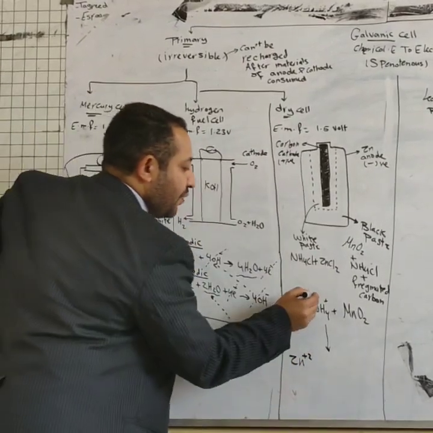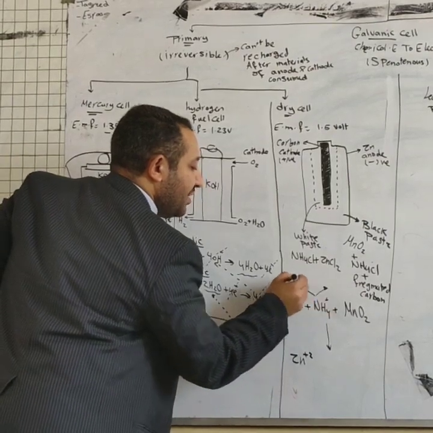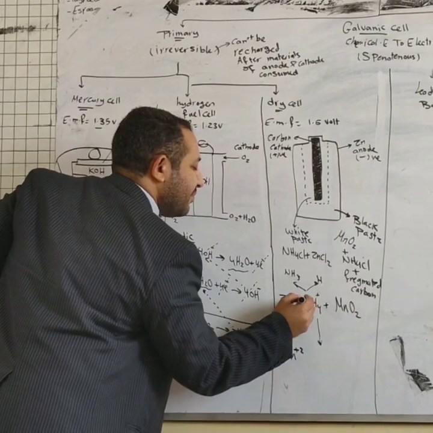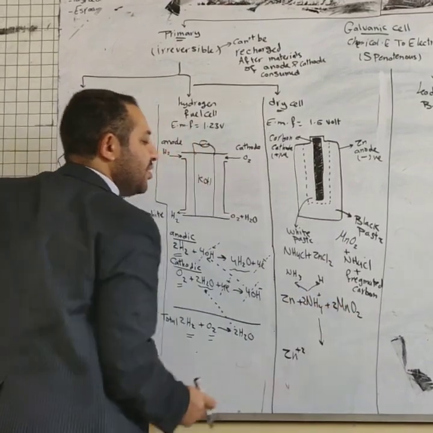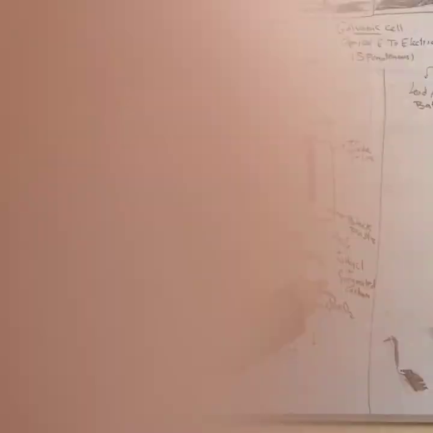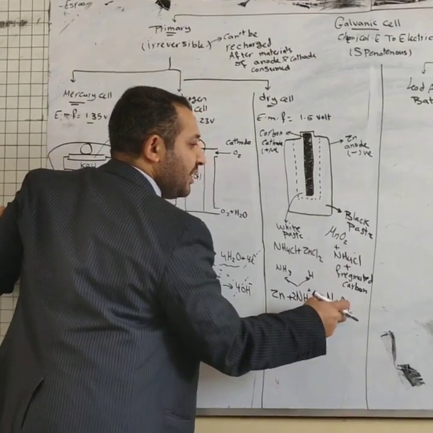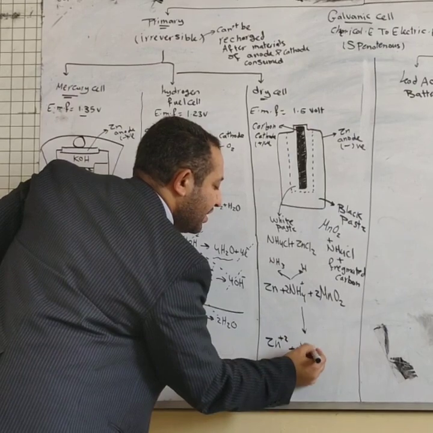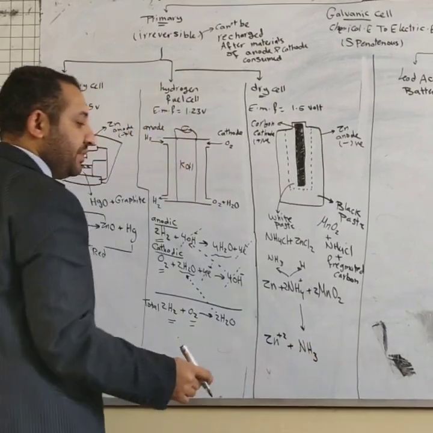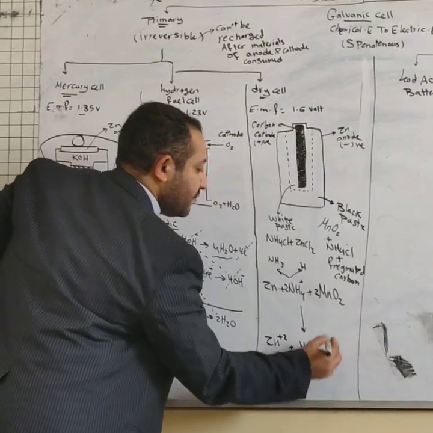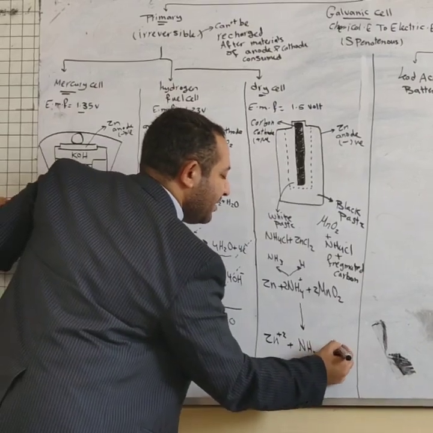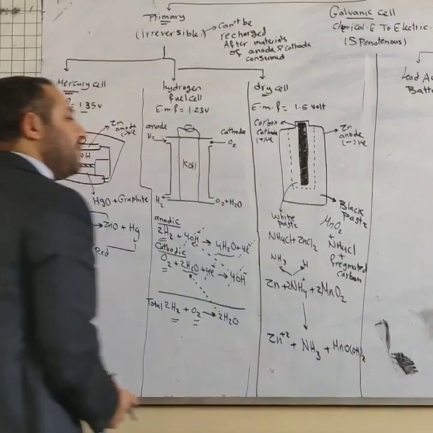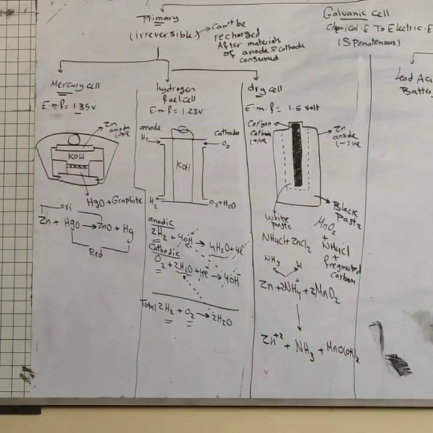Then NH4 divides into NH3 and H, but we'll balance the equation. One of the H reacts with the MnO2. Firstly, NH3, the ammonia, is formed. Then we find MnOOH, the last compound formed in this cell.